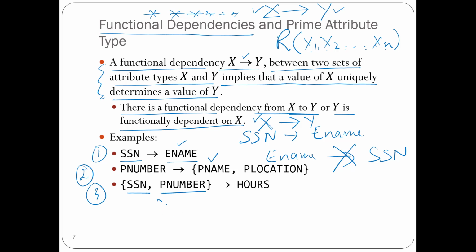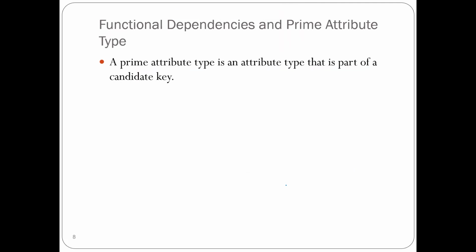So in this case, interestingly, in this general X to Y functional dependency case, our X has two attributes, social security number as well as the project number. The combination of social security number and the project number is required to uniquely find out the hours. All right, so I hope you got it.